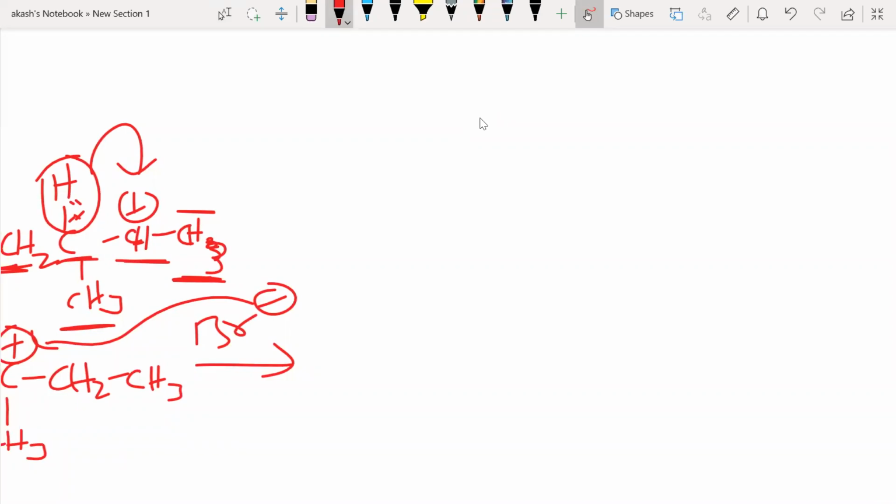What example can I show you? Say something like this. Say I can have a ring structure. Say this is a five-membered ring. There's a methyl group and there is a hydrogen here.